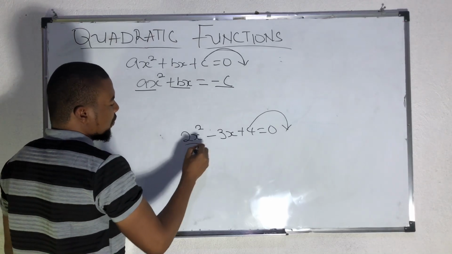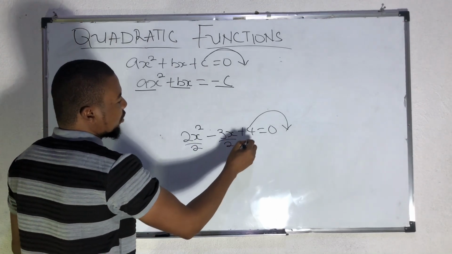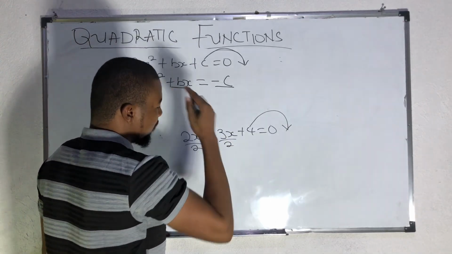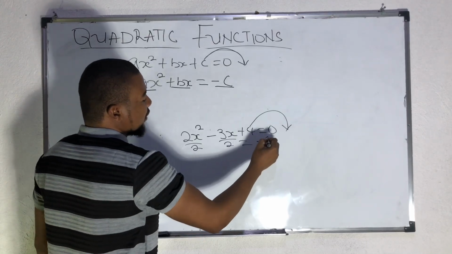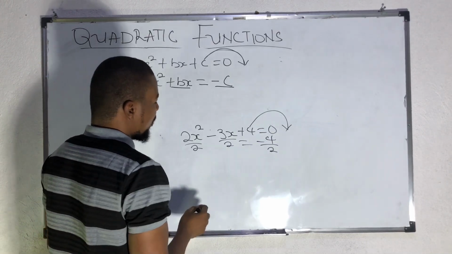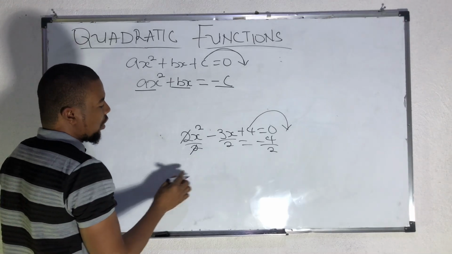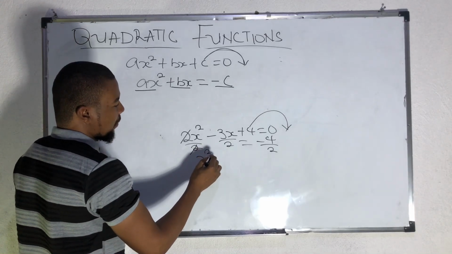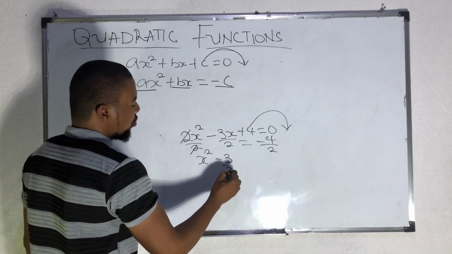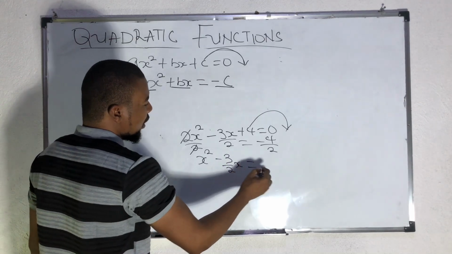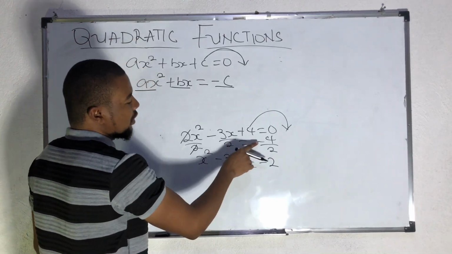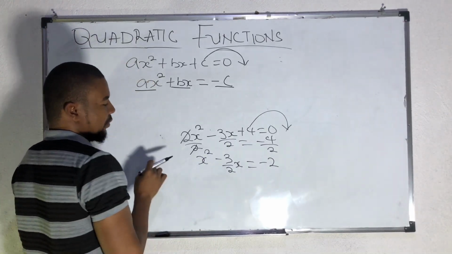If you divide this by 2, what you have on the right is -4 over 2. Now, the 2 will cancel out with the 2 at the denominator, and what do you have? x squared minus 3 over 2 x is equal to -2. -4 divided by 2 will give you a -2.